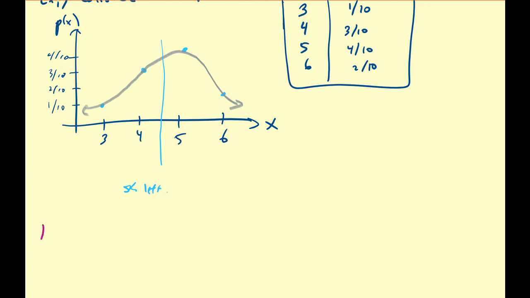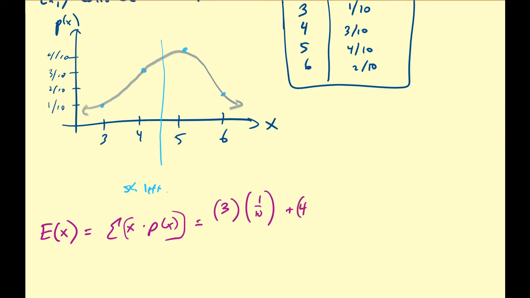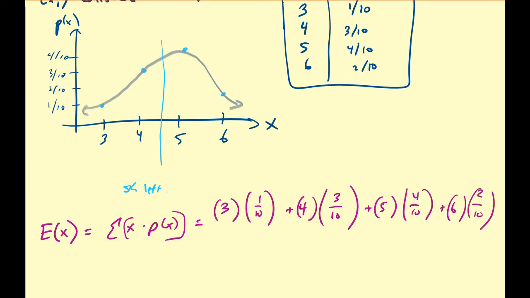So let us calculate that. So the expected value of x, by definition, is going to be the sum of x times p of x. So this is going to be equal to 3 times its probability of 1 over 10, plus 4 times its probability, 3 out of 10, plus 5 times its probability, 4 out of 10, plus 6 times its probability, 2 out of 10.